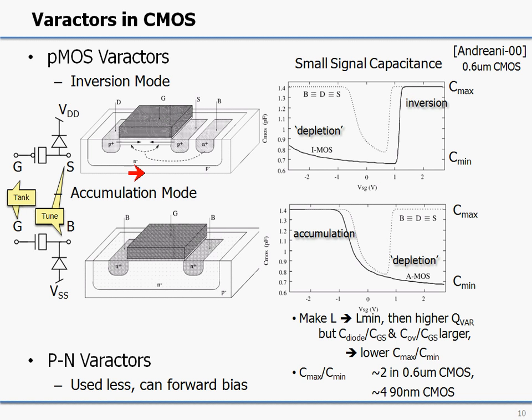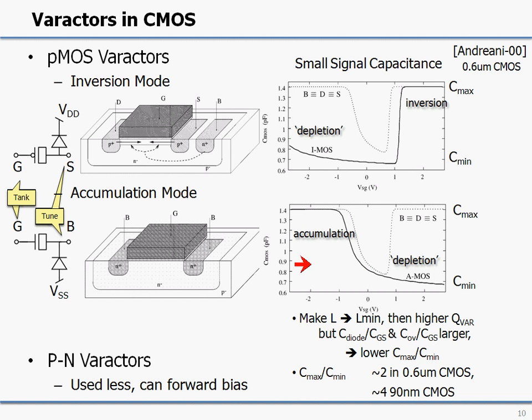In accumulation mode, we use a different structure. We start with a PMOS transistor, but we replace the P plus source and drain, which you see here, with an N plus implant. What happens then is that as we drive the structure with a large source voltage and a small gate voltage, there is no inversion charge source available. There is no source of holes available, and the structure stays in depletion.